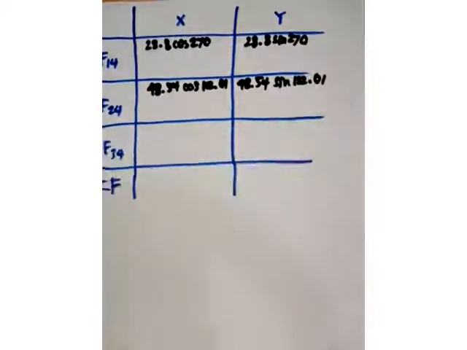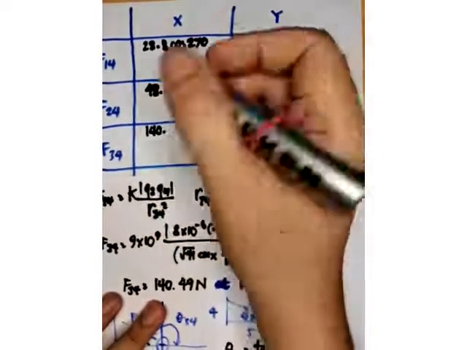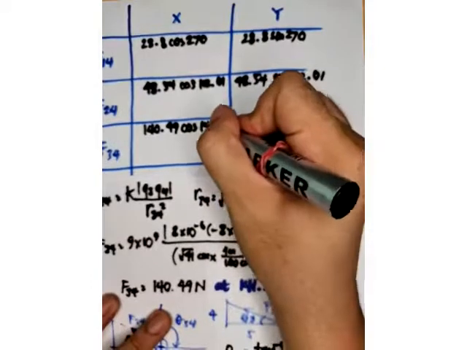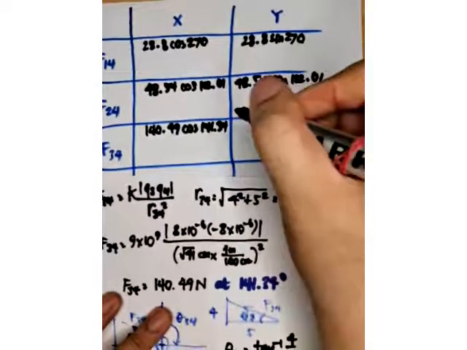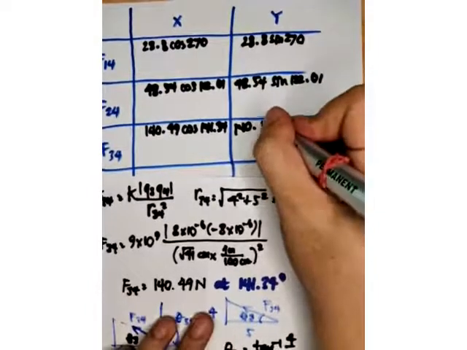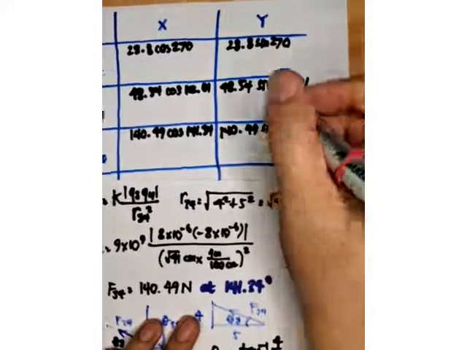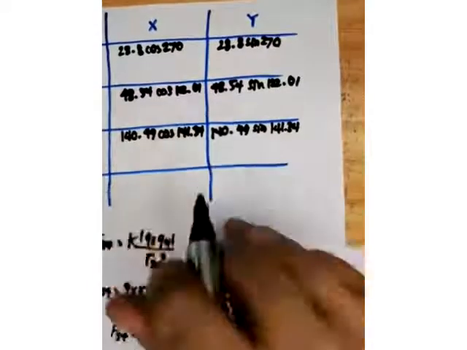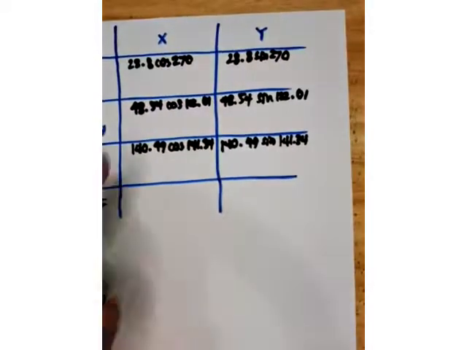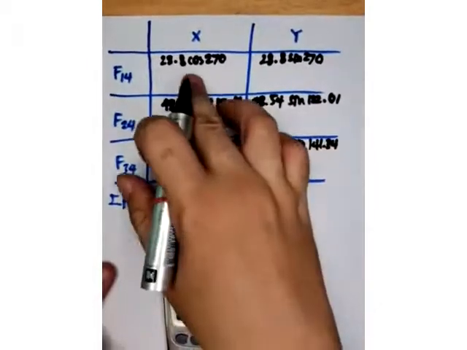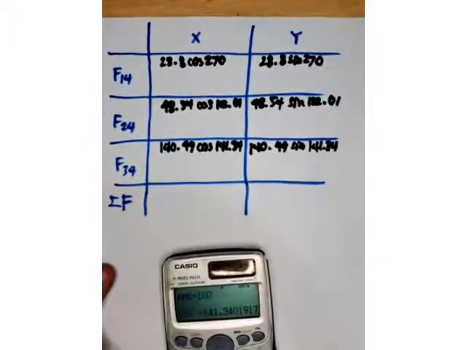And then the third one is 140.49 cosine 141.34 and 140.49 sine 141.34. Ayan. So gagawin ko is kunin ko lang yung X and Y components sila by evaluating yung mga nakasulat dyan.